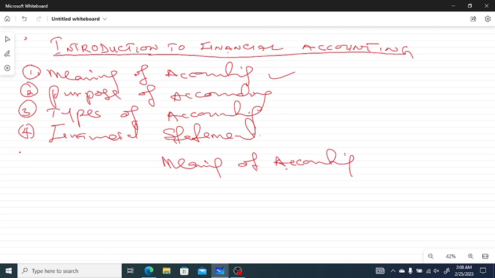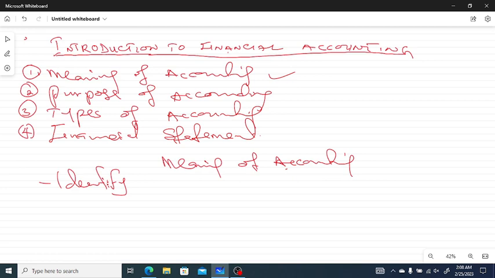There are some key points that we have to pay attention to when defining accounting. So the first is what? You have to identify. The first thing to do is to identify that transaction.